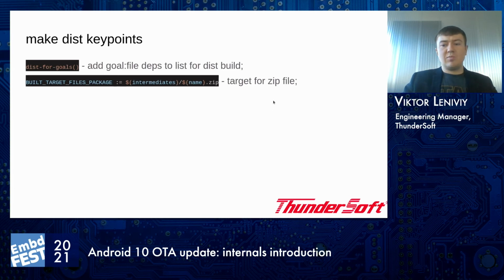So some key points from here. This callback is used to add additional dependency for the dist goal, and this line is assigning your actual zip file and composing the target name for it.